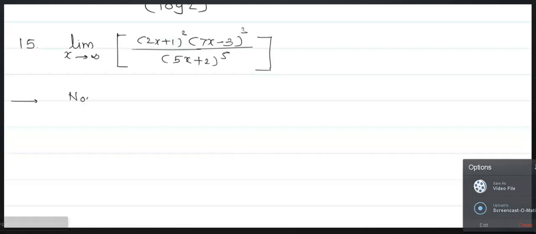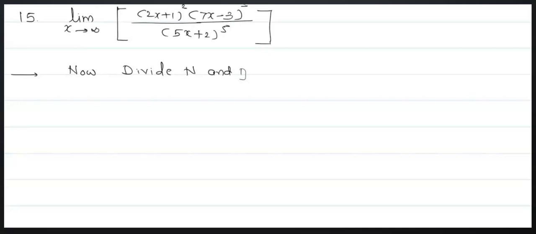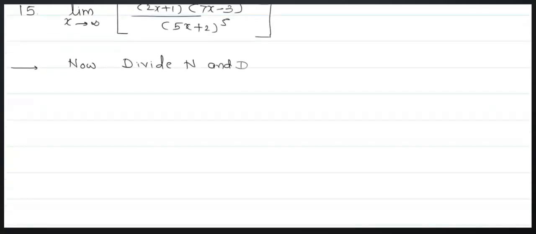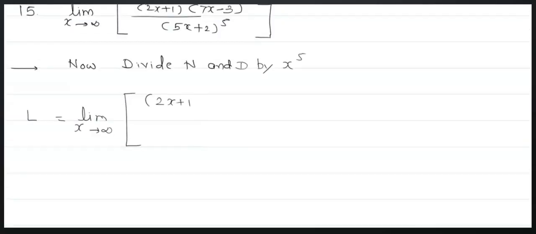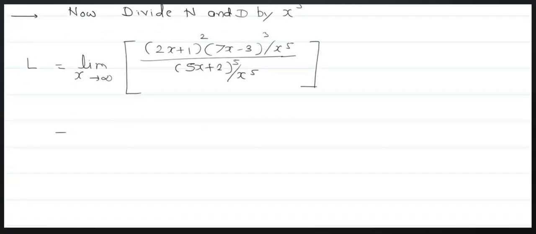Now in this case, the highest power of x is 5, therefore divide numerator and denominator by x raised to 5. Limit x tends to infinity of (2x plus 1) squared, (7x minus 3) cubed, (5x plus 2) raised to 5, dividing numerator and denominator by x raised to 5.